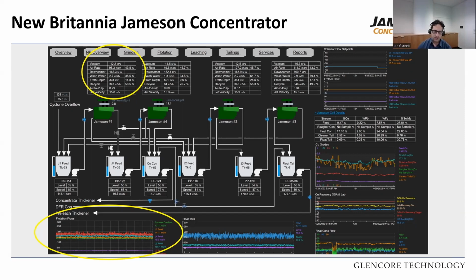Another area is the ability to instrument cells on the run. The Jameson Cell allows you to monitor your vacuum, your air rate, downcomer flow, wash water, froth depths, recycle, and allows you to calculate your jet velocity. What this means is you can have indications if something is up with the cell prior to any maintenance inspections.